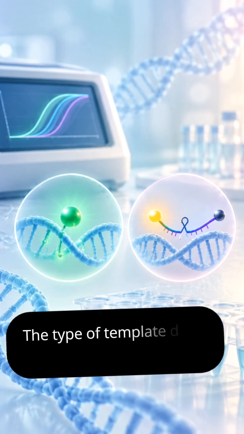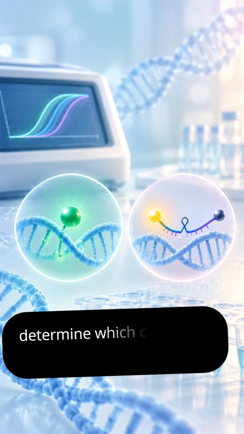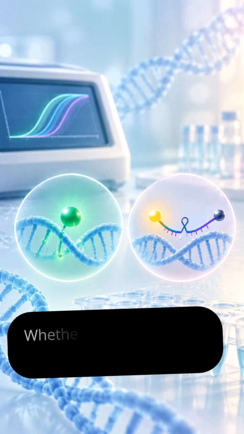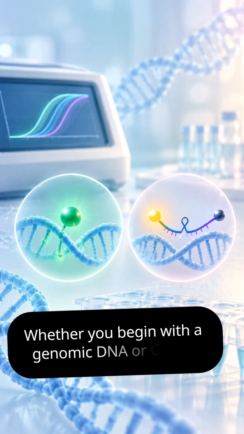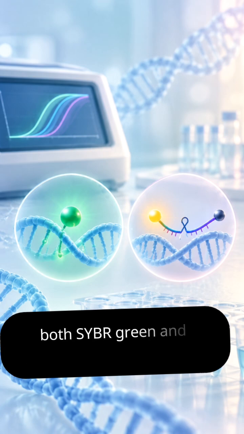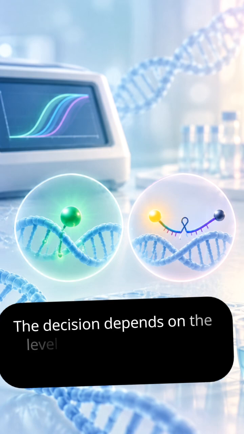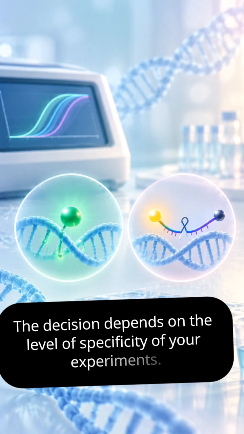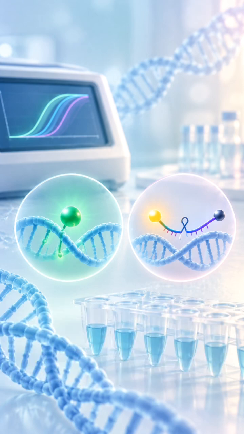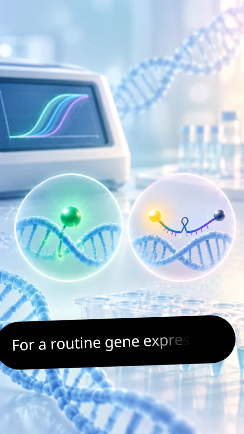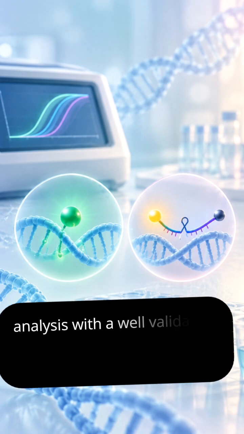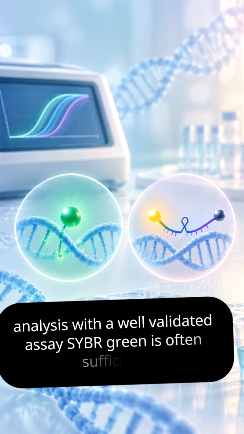The type of template does not automatically determine which chemistry you should use. Whether you begin with genomic DNA or cDNA, both SYBR Green and TaqMan can be appropriate. The decision depends on the level of specificity of your experiments. For a routine gene expression analysis with a well-validated assay, SYBR Green is often sufficient.